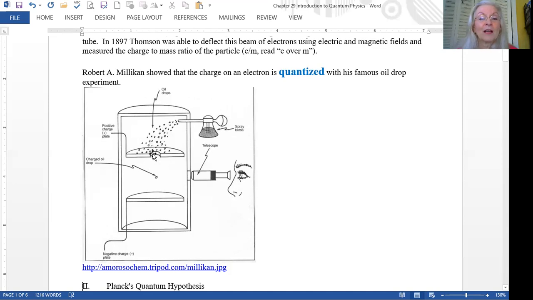They pick up an electric charge, and as they fall between these charged plates, you're able to change the rate that they fall at by changing the charges on the plates, because you remember that opposites attract and likes repel. So you can alter the charge on the plates, and that's going to alter how strongly it either attracts or repels the charges that are on the oil drop.